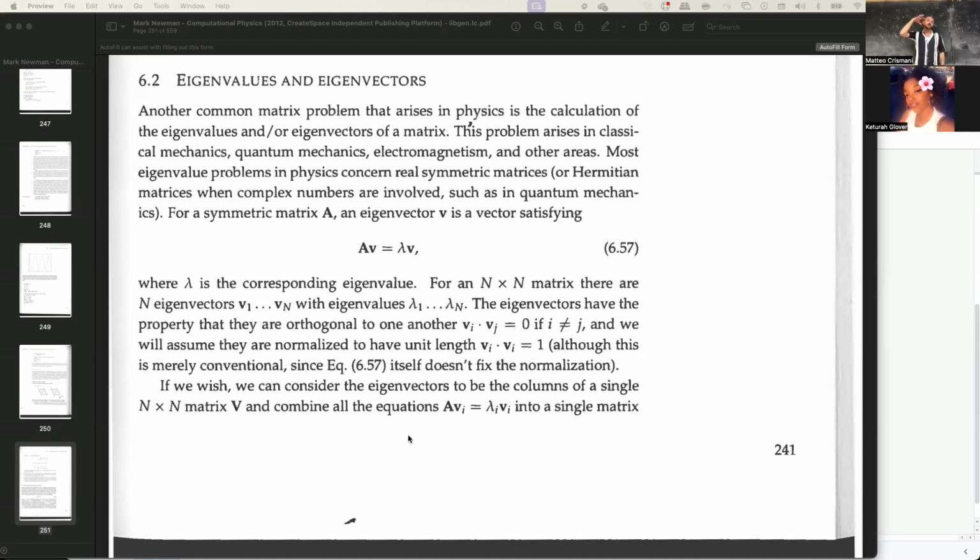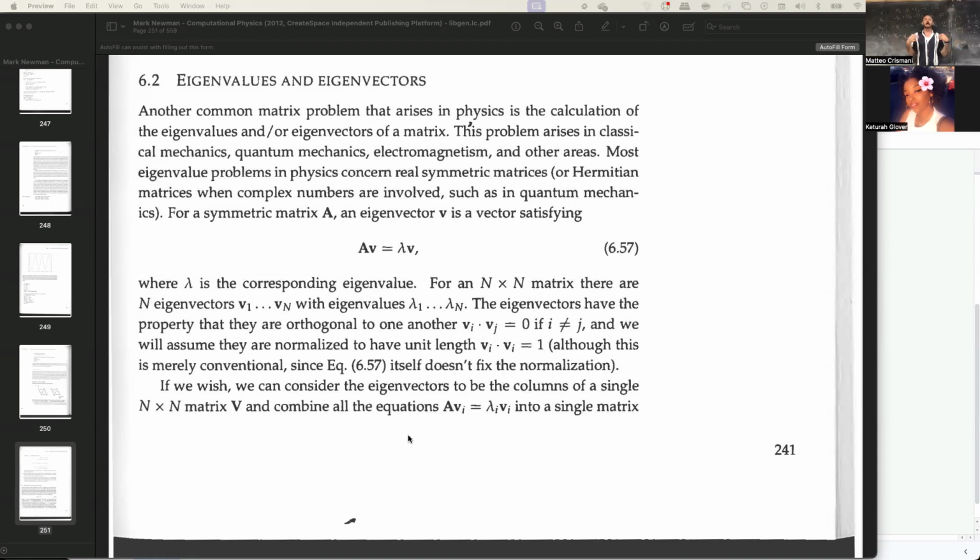So you're right in thinking they're natural states of some physical system. But let's say I don't have a physical system. How would I interpret something like an eigenvalue or an eigenvector?